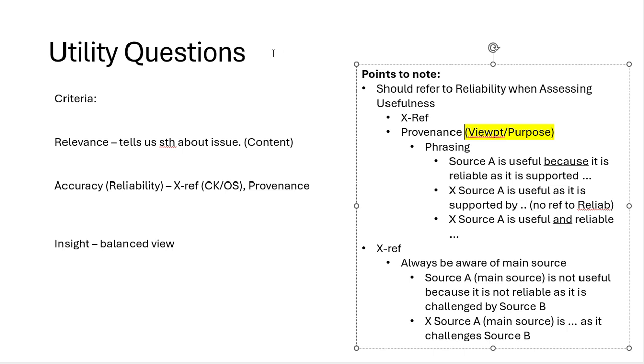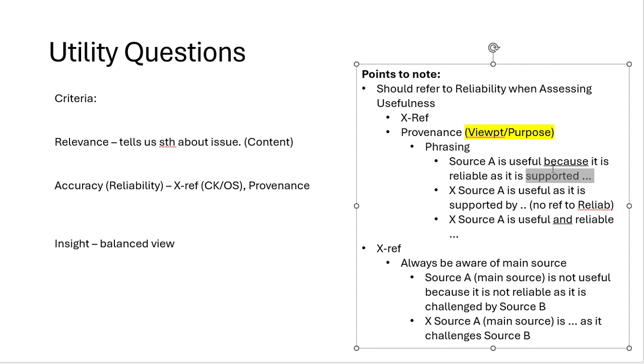The way you phrase it is also important, because if you don't phrase it correctly, you will not be given the mark. The correct phrasing will look something like this: if you are cross-referring, source A is useful because it is reliable, as it is supported by, for example, another source or my contextual knowledge.